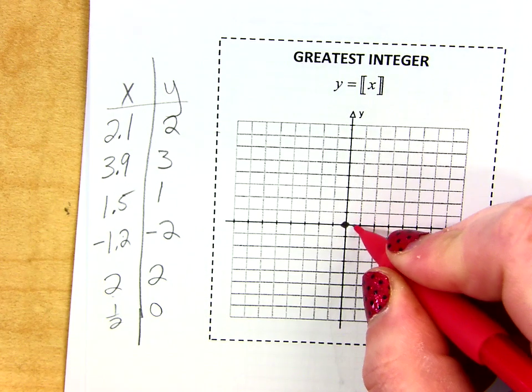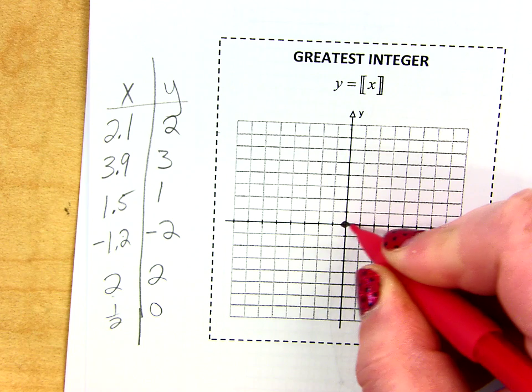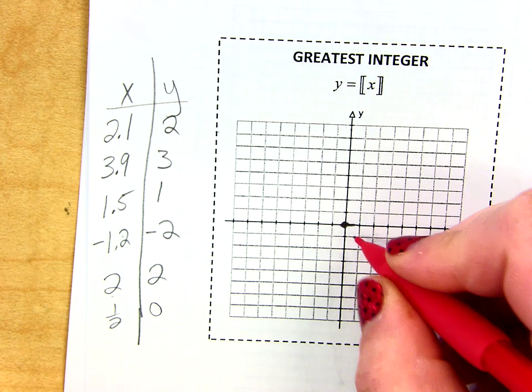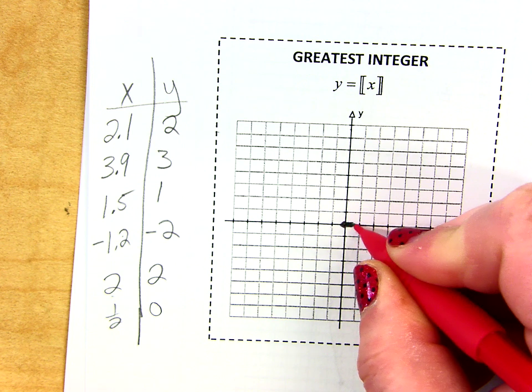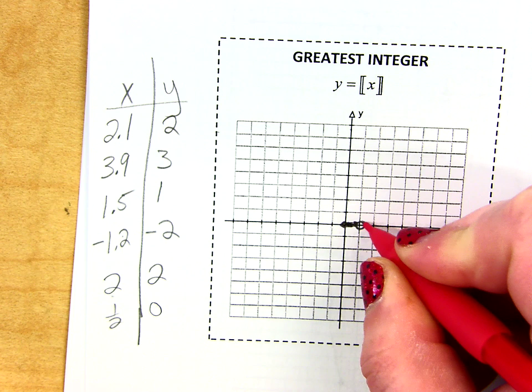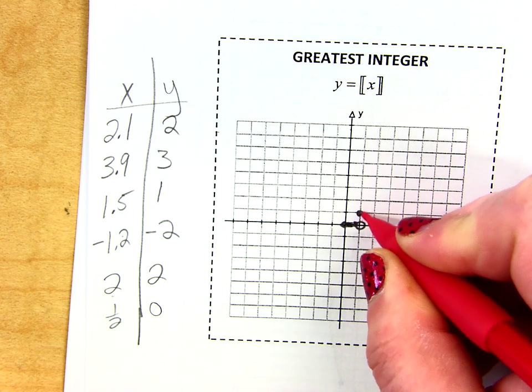So if I plug in a half, I still get out 0. If I plug in positive 1, what would I get out? 1. So basically what this looks like, I'm going to have a perfectly horizontal line from 0 all the way until I get to 1. But then when I actually get to 1, it's going to jump up to 1.